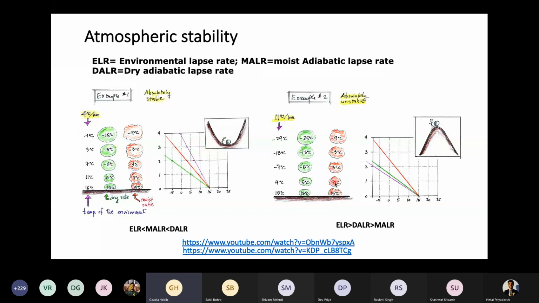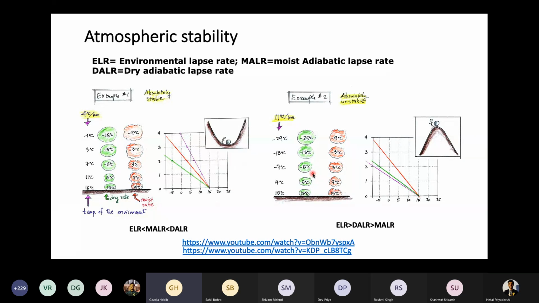In the case of the wet air parcel, its ground temperature is 15 degrees centigrade. Once it moves up, its temperature reduces to 9 degrees centigrade. Again, this temperature is higher than the surrounding environmental temperature. Therefore, this air parcel is lighter than the surrounding air, and it will move further up. So this is an unstable condition, meaning there is turbulence.